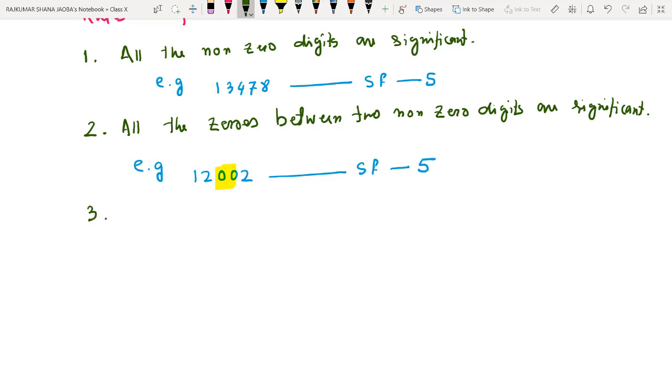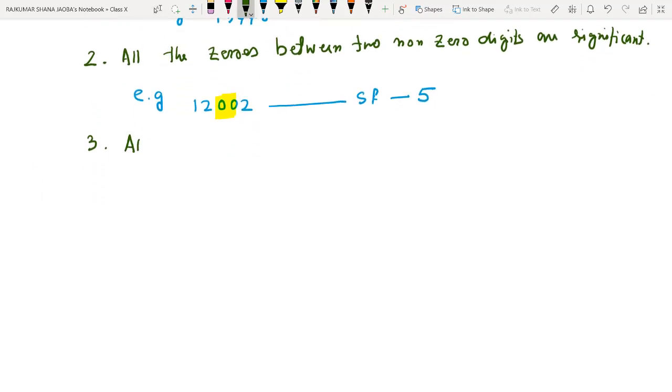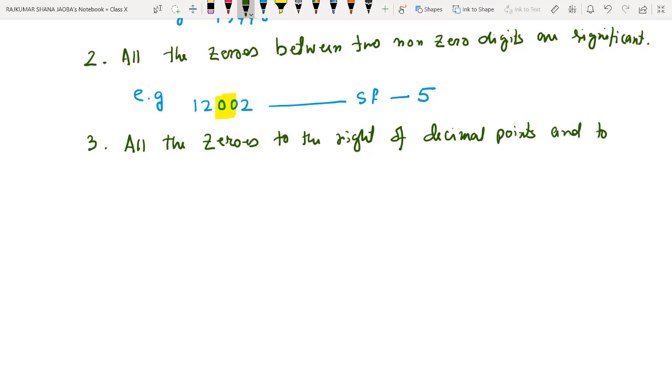Number 3: all the zeros to the right of the decimal point and to the left of the first non-zero digit are not significant.